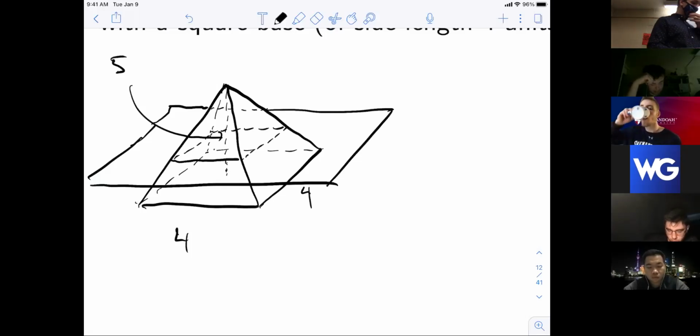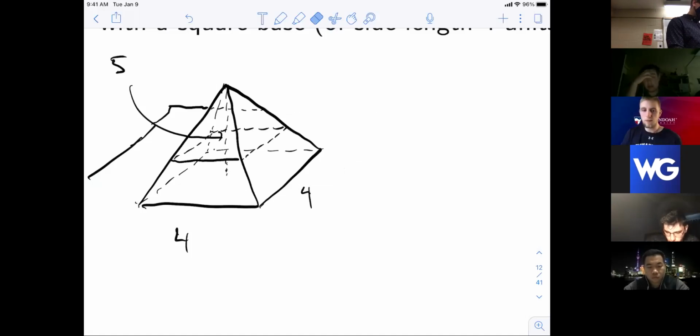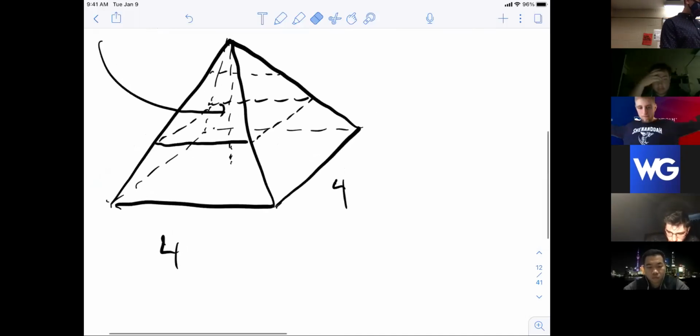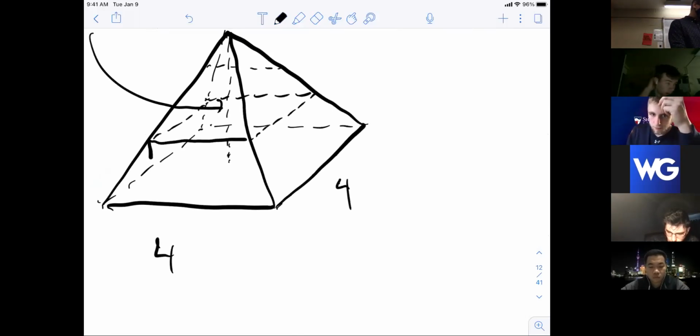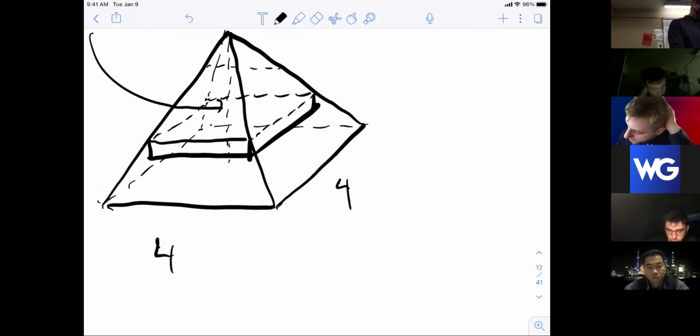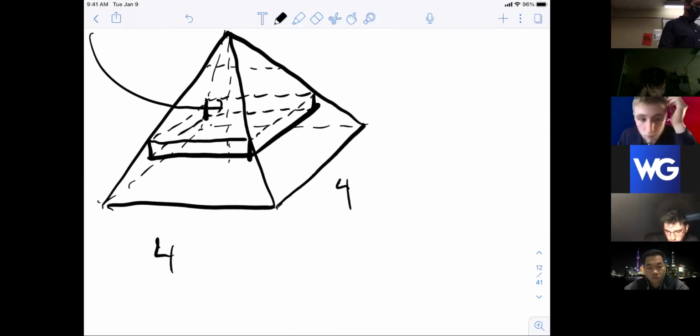So our job then is to find this volume. Again, we're going to use volumes by slicing. So let me erase the actual plane here. Instead of looking at this pyramid as one continuous thing, let's cut it up into slices. Here's one slice that we would get.